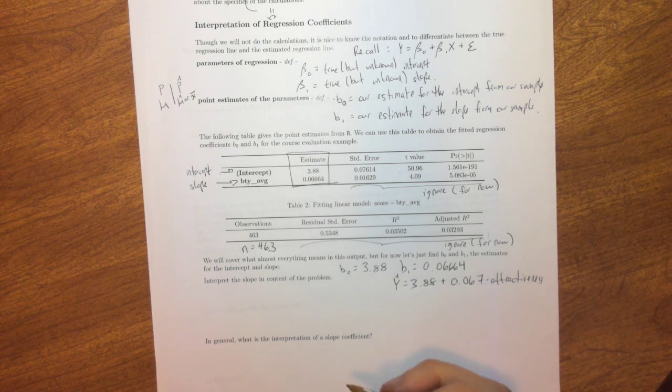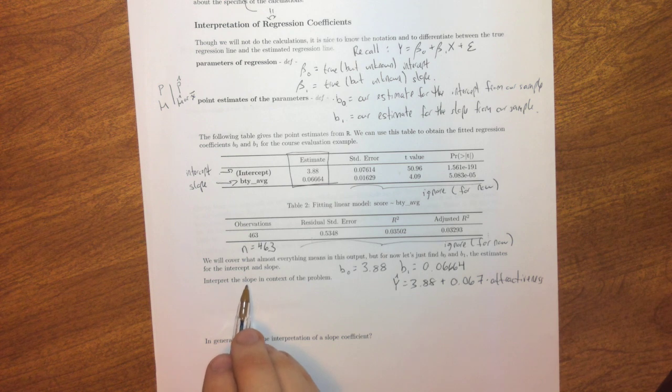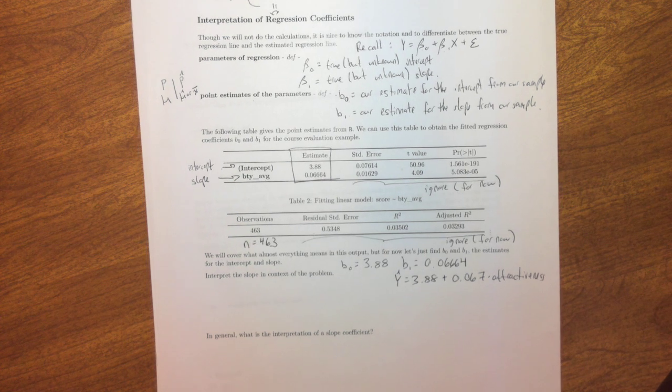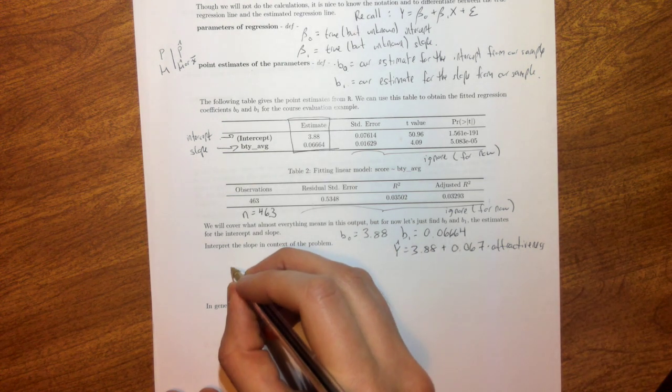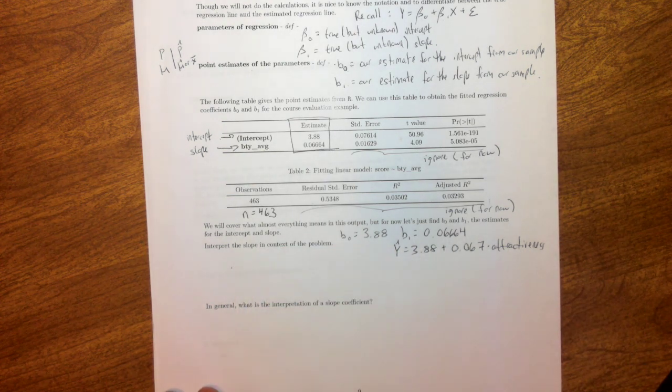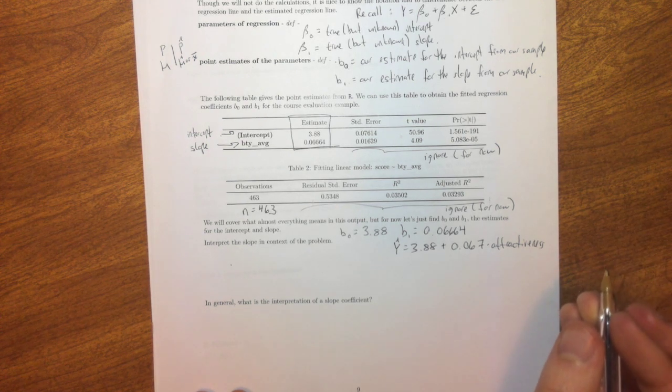Let's go ahead and interpret this slope. The interpretation goes back to what a slope means from algebra, this rise over run idea, but we're going to put it in the context of the problem. A slope in general is how much we would expect y to increase or decrease for a 1 unit increase in x.